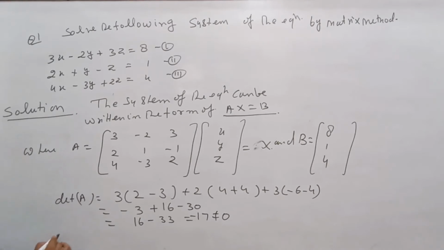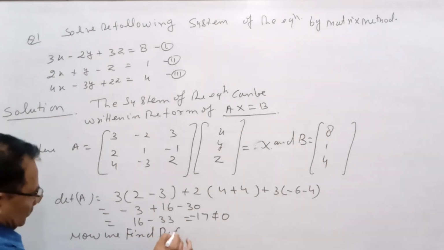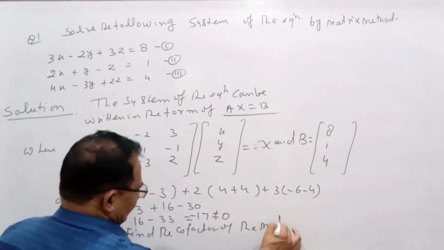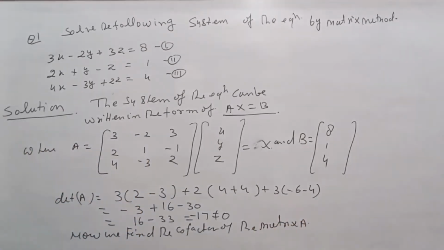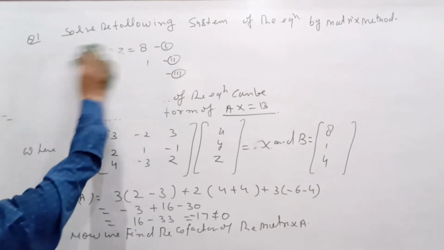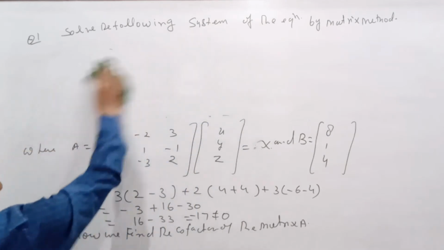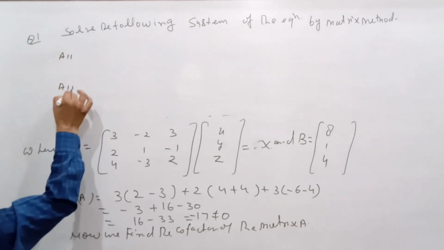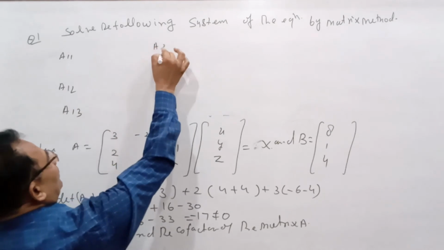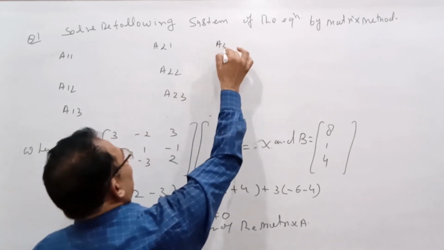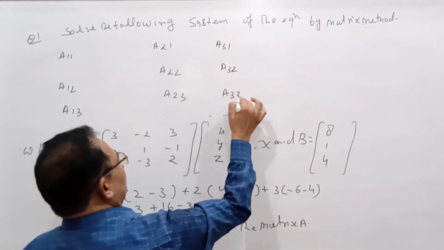Now we find the cofactors of the matrix A. We will find the cofactors A11, A12, A13, A21, A22, A23, A31, A32 and A33.